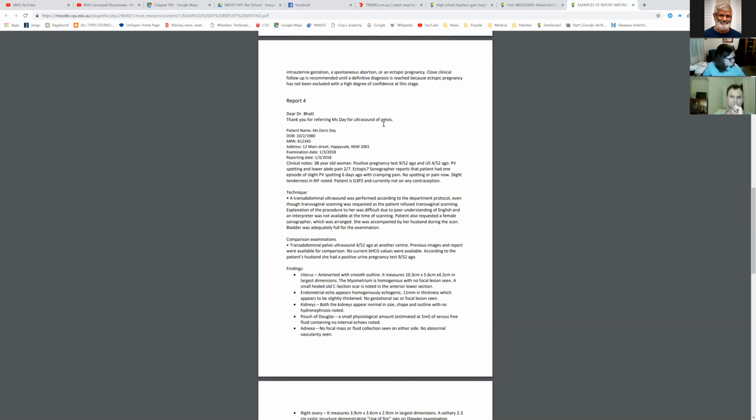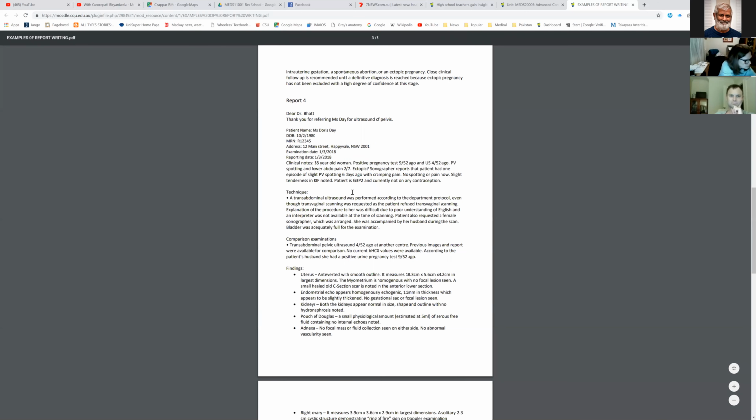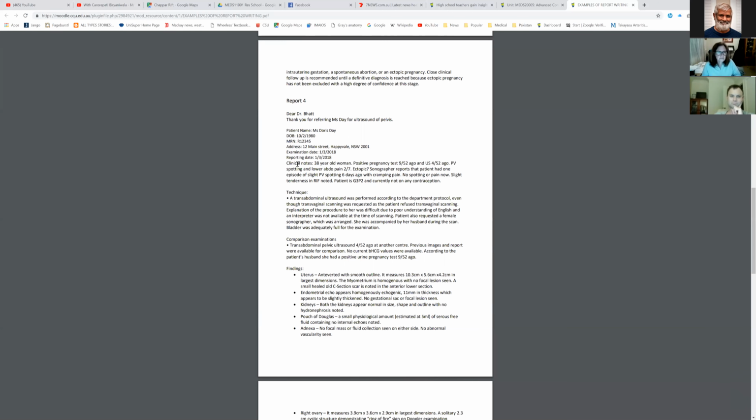So a very small little addition goes a long way in building the confidence of the referrer in you, even before they start reading the report. Patient name, date of birth, MRN is fine, but it has also added an address there. Super fine. Examination date and reporting date is there.